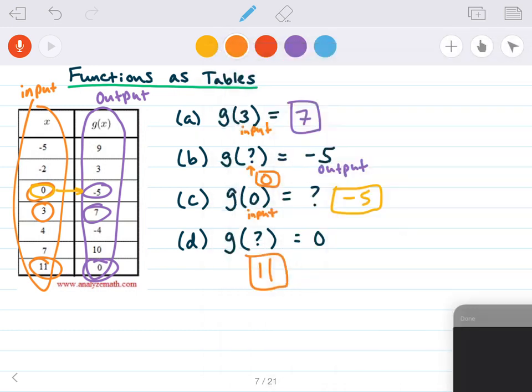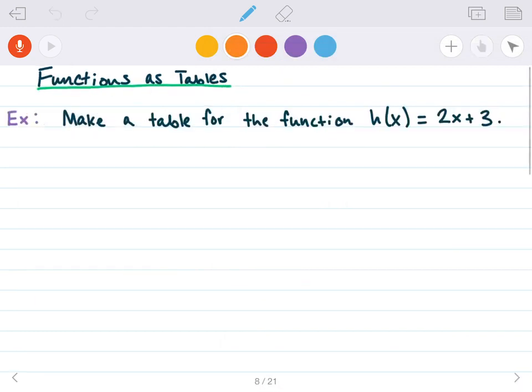Okay, we can also make tables. It says make a table for a function h of x equals 2x plus 3. So let's just make a table. Typically our input's on the left, which is x, and our output's on the right, which is h of x, or 2x plus 3 in this case.